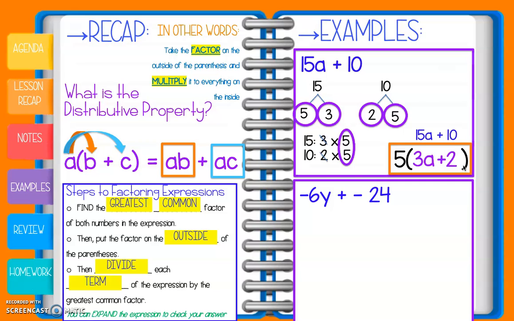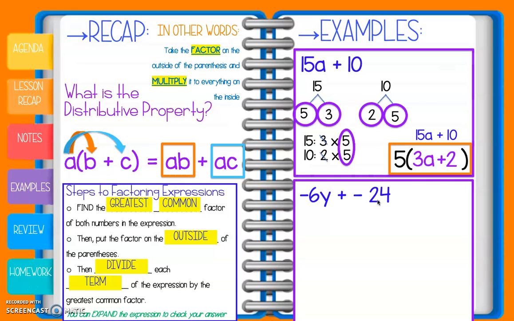Now let's look at our second example down here. It is a little bit different because we've got some negative signs in there as well. Something you need to pay attention to when you're factoring, just like when you were expanding, is where there are negative signs in your problem. If you notice that both terms are negative, so I have a negative 6y and a negative 24, they have in common a negative sign.